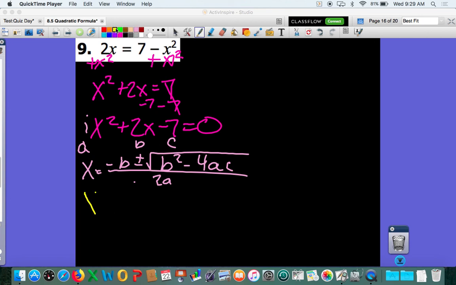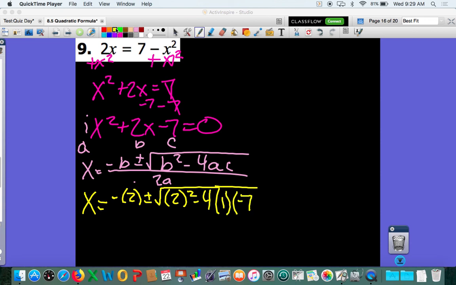So, x equals negative, my b is 2, plus or minus the square root of 2 squared minus 4 times a, which is 1, times c, which is negative 7. All of this is over 2 times 1. Don't forget your sets of parentheses.